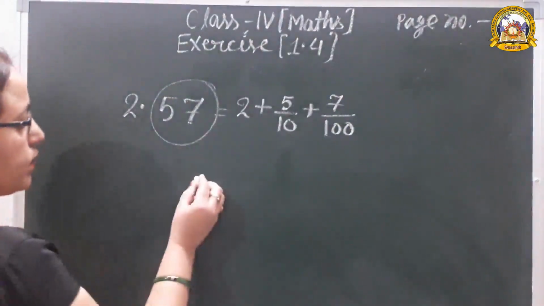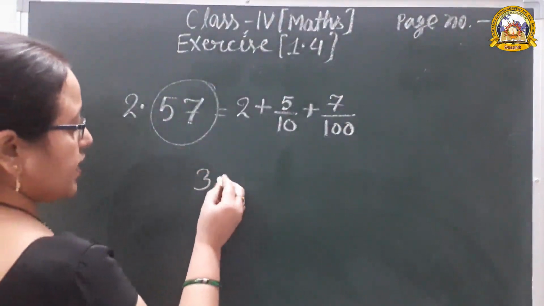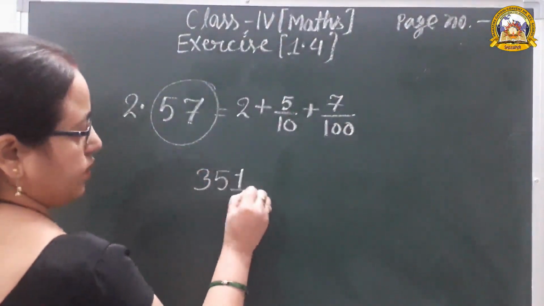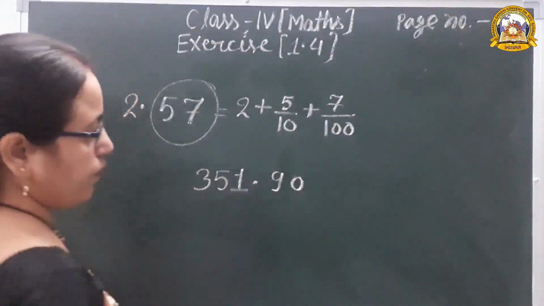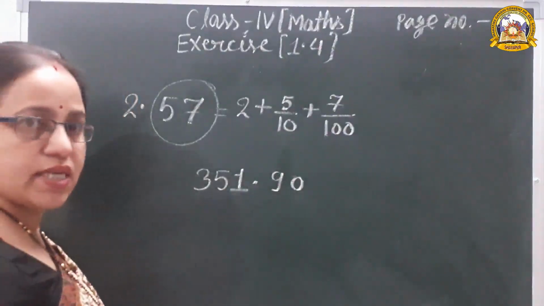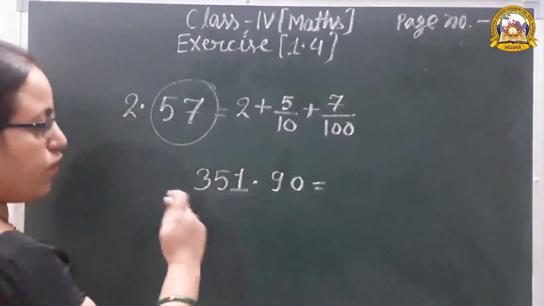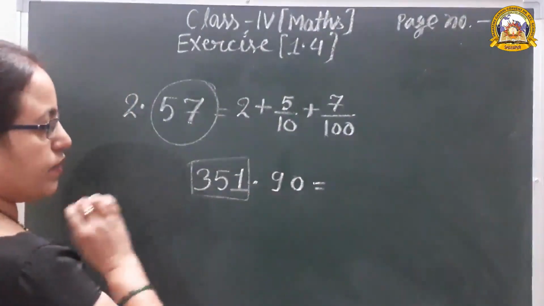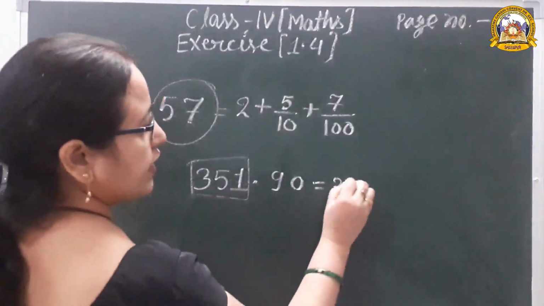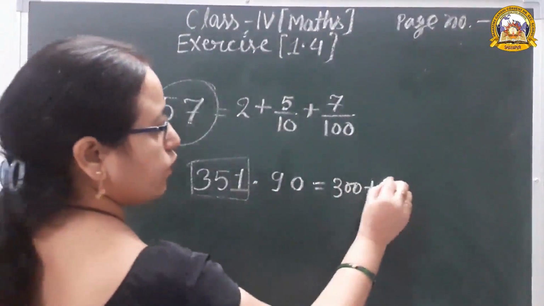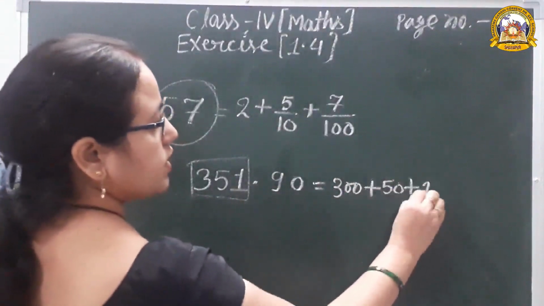Another example. Suppose the number is 351.90. How can we expand this decimal number? First, before the decimal is the whole part, so we expand it as 300 plus 50 plus 1.